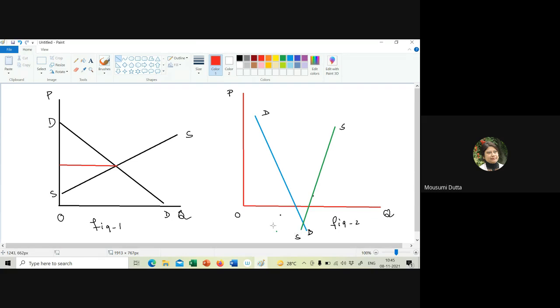However, their slopes are such that they cannot intersect each other in the positive quadrant, which means there is no positive price at which the market will be cleared. Okay? So there is no existence of equilibrium price in the second diagram, because a negative price is only a conceptual thing.